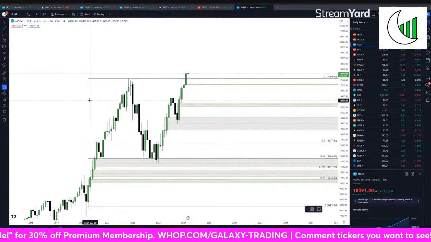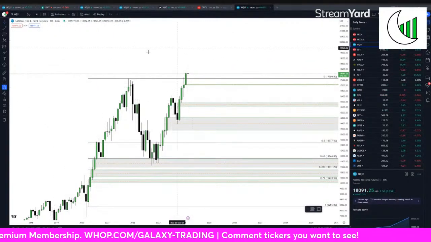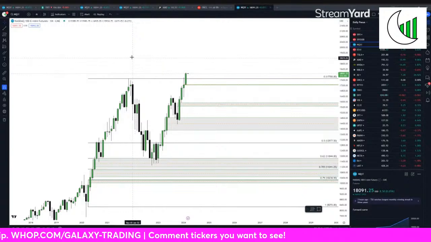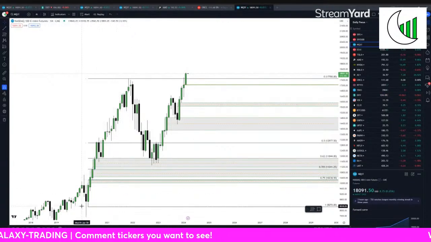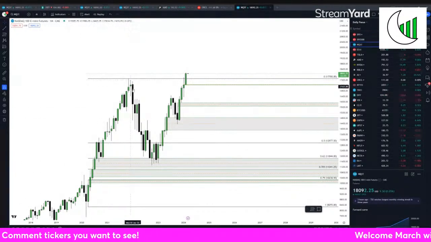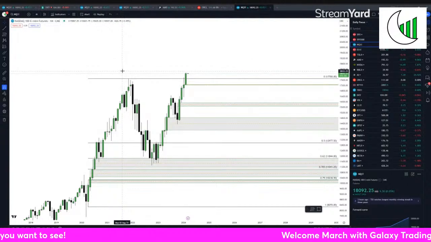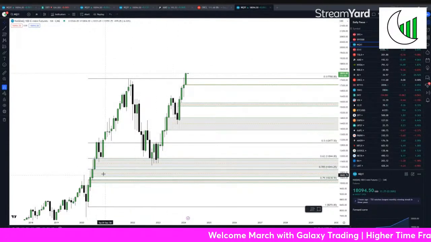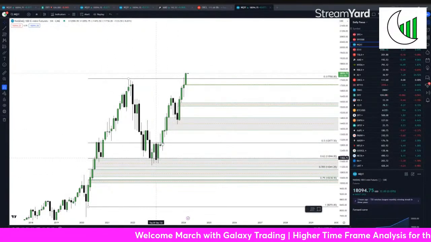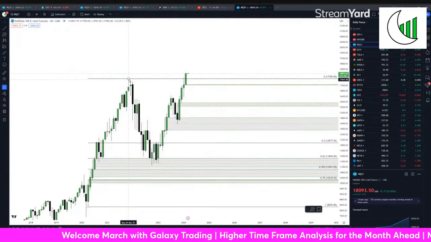So with that in mind, having an idea of what our draw on liquidity is, and it's something as simple as a swing high or swing low, which of course is much easier to find when you have a specific trend or range that has already been identified. For example, NASDAQ, our draw on liquidity was our swing high here.